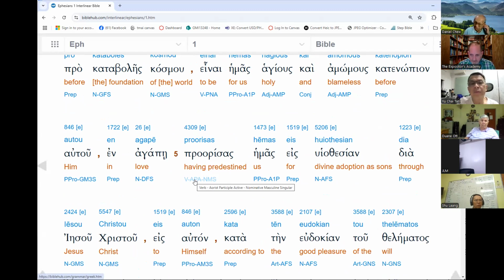And notice, if you can see it here, I can't make it any bigger, it says aorist participle. So it tells you it's a participle. It's not a regular verb. It would have said indicative or imperative if it was a regular verb. But it doesn't. And then we have the nominative masculine singular.